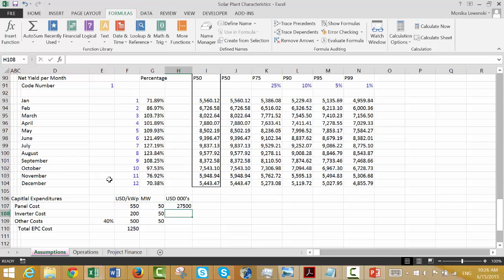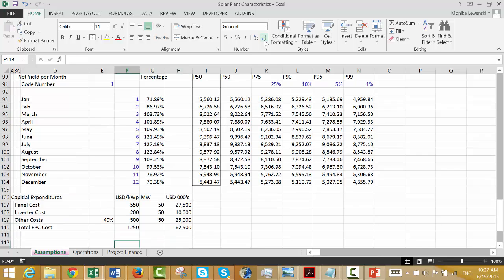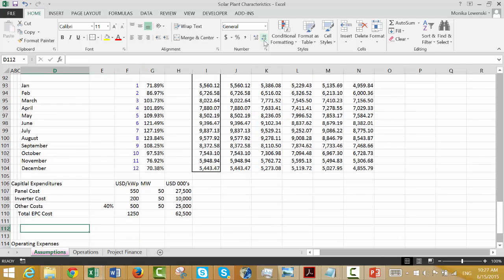Shift control 1, and so now we can press alternate equal, and our total cost is 62 million or something like that. And then we can add some owner's costs.